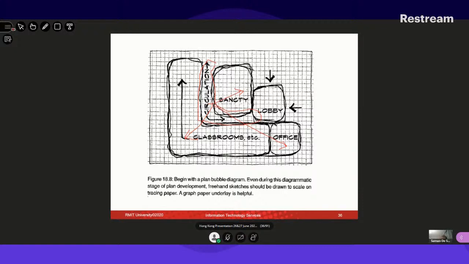For example, in a residential building, I normally look at the rooms and the space allocated in a slightly different way. I see them as resting areas.